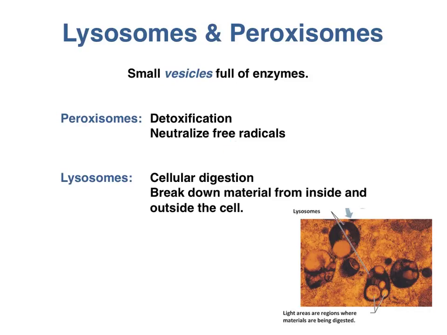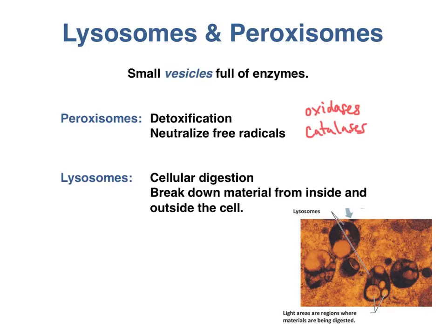And peroxisomes contain enzymes that can deal with these free radicals and turn them into something harmless. You have oxidases. Oxidases convert radicals to hydrogen peroxide. And then you have catalases, and catalases take that hydrogen peroxide and convert it to water. So together, those free radicals are converted to harmless water.